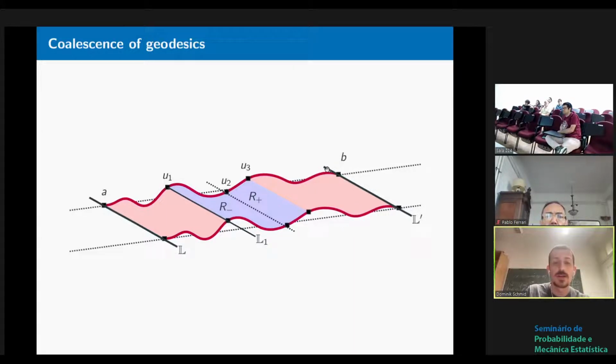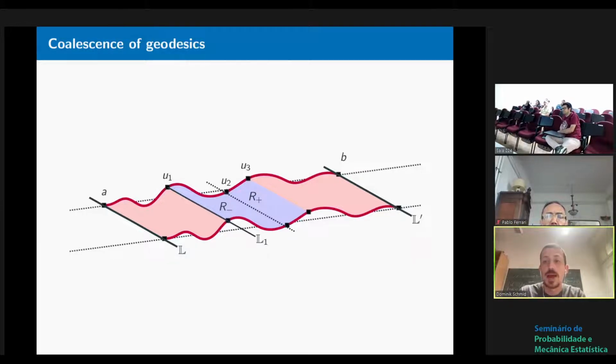So consider now the lines L and L prime. And let's say we fix some path from A to B and decompose it into 3 different parts. So a red part here, then a blue part here into R minus and R plus, and a red part again above here.